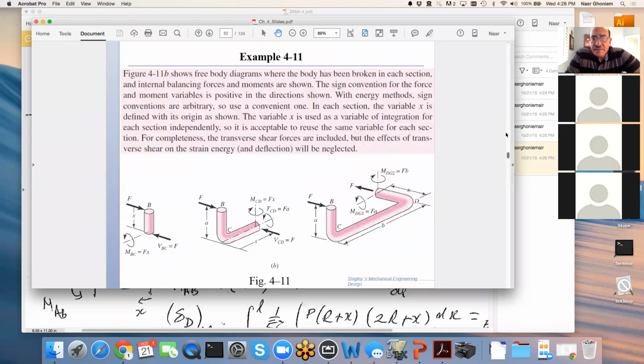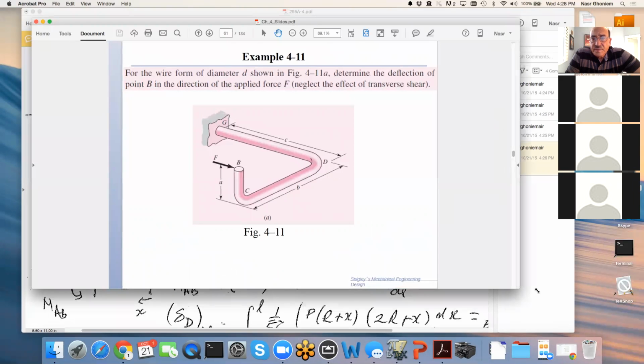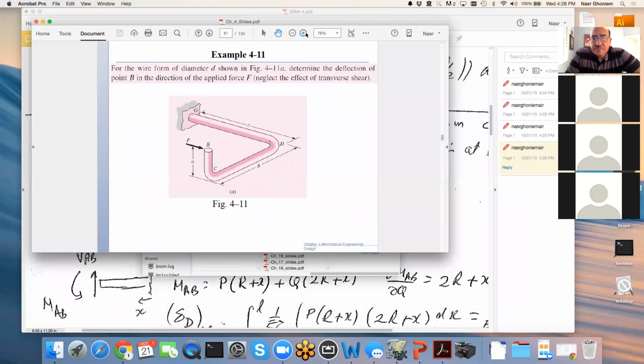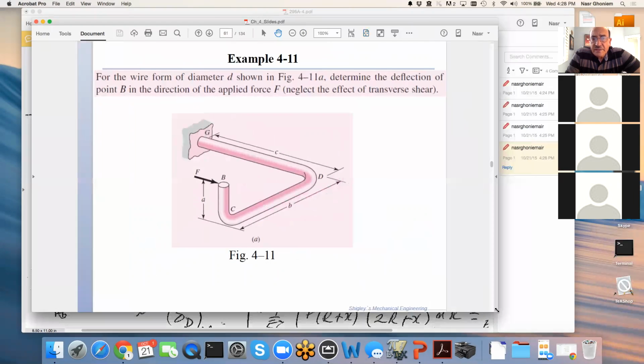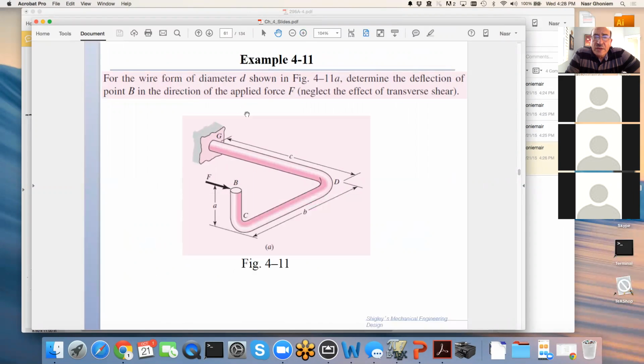Okay, so this is the example that I wanted to discuss. In this example, we have a wire, and the wire has a straight section, a bent section, and a vertical section, and we're applying a force F on the vertical section at B, and we want to find the deflection at point B as a result of that force.